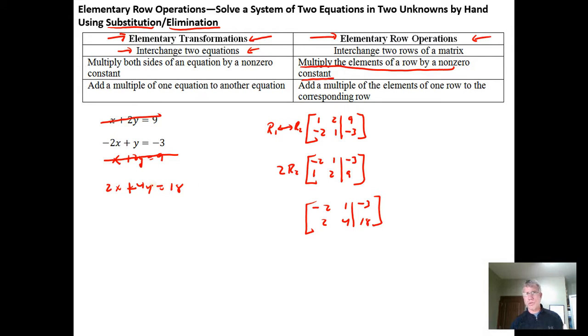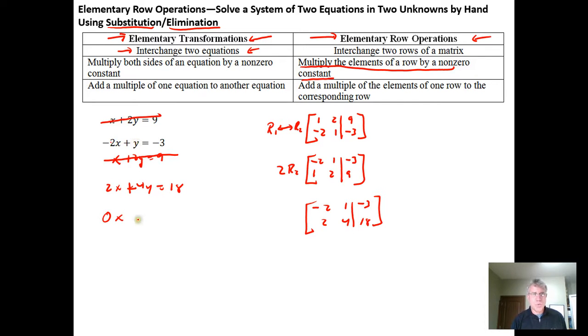So when we do solutions, we're changing the geometry of the problems, but if we have an intersection, all we're doing in a solution process is preserving the intersection. So we could here, if we wanted to use the elimination method, actually take this equation and add it to this one. So we'd get negative 2x plus 2x is no x. We'd get 0 x's here.